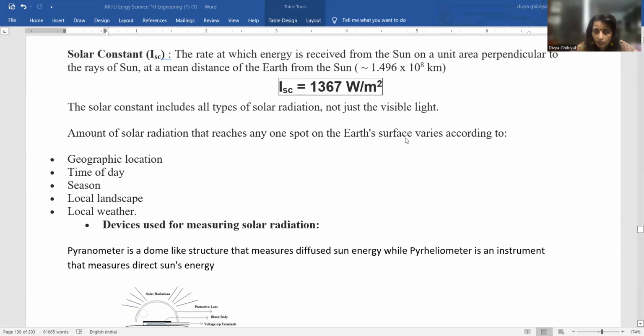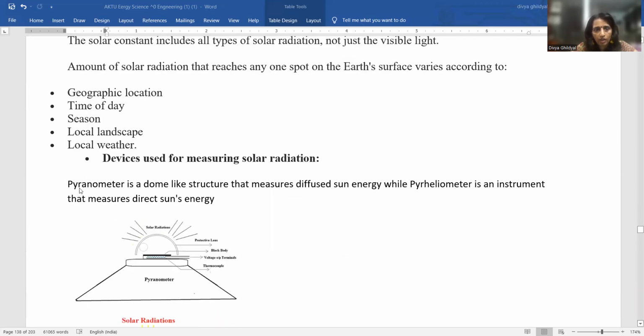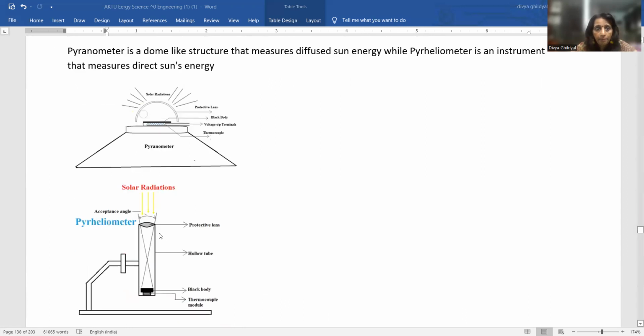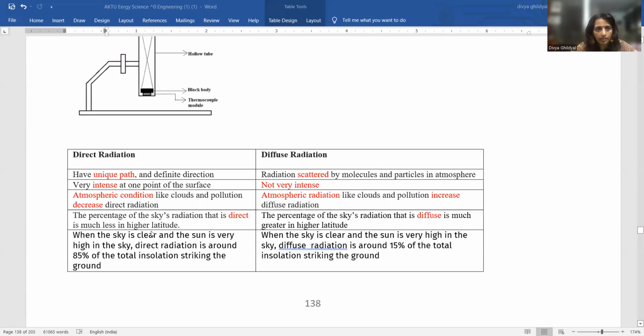Amount of solar radiation that should reach the earth varies according to geographic location, time of the day, season of the year, landscape, and local weather. 2 devices used for measuring solar radiation: pyranometer, which has a dome shape structure, and pyrheliometer, which uses direct solar radiation.